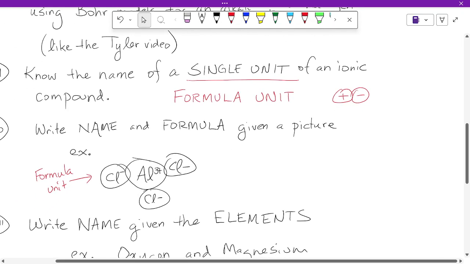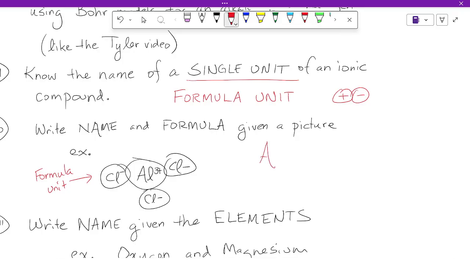What is the name and the formula of this compound? Aluminum chloride, no 3. The name, just the name.